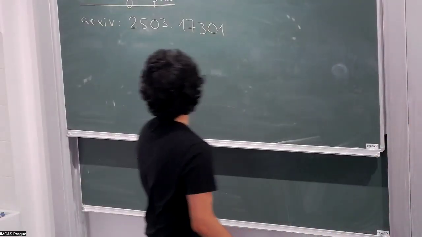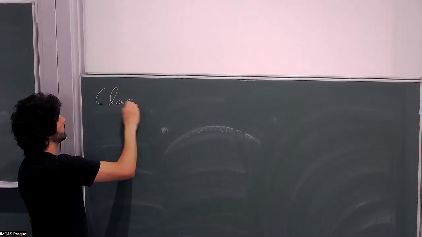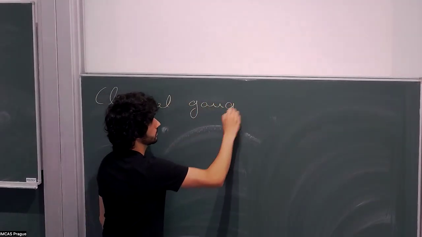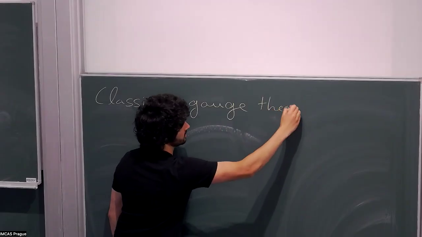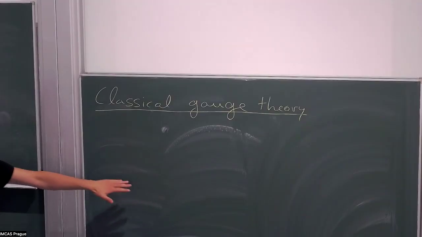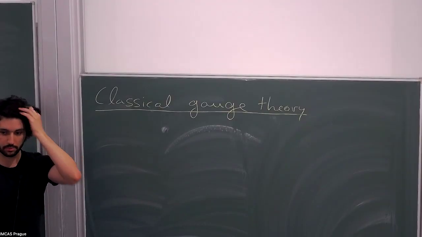Here what we wanted to do is to look at classical field theory, and gauge theory on a classical spacetime. Gauge theory is well understood, and on the lattice as well. If you have classical gauge theory, we can use principal bundles and connections on these principal bundles.